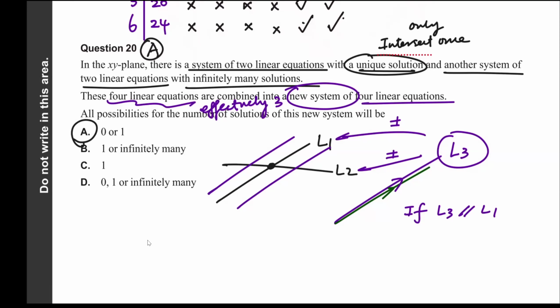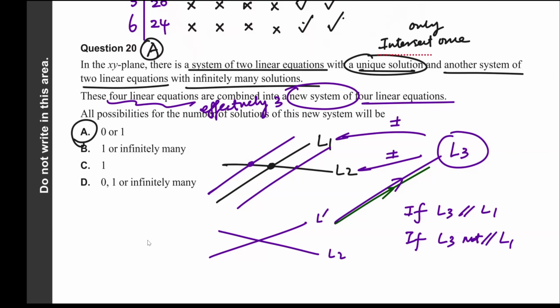So it may well be, let's say, intersecting once somewhere, or let's say if L3 is not parallel to L1, etc., you might get a different slope, but you still get L2.